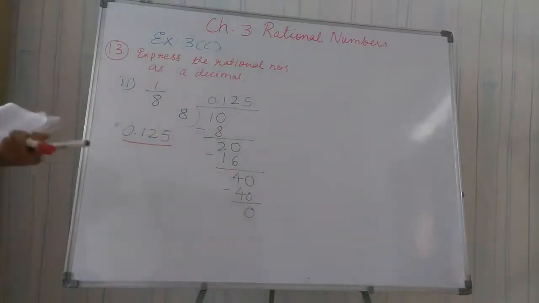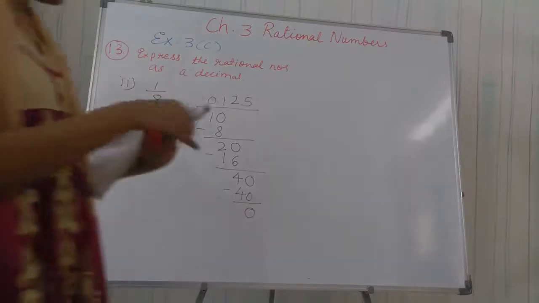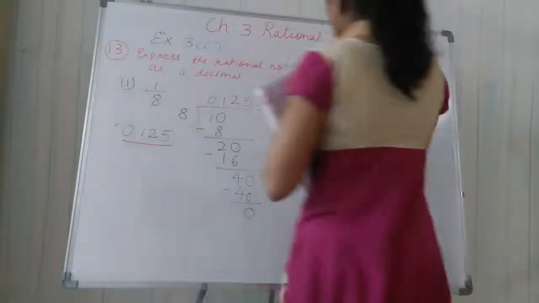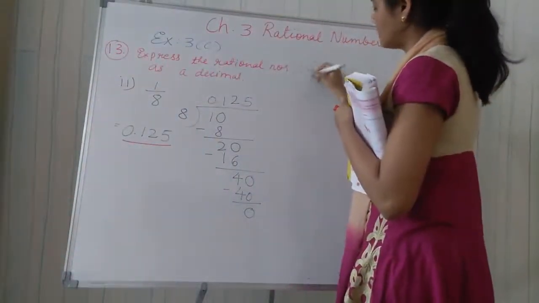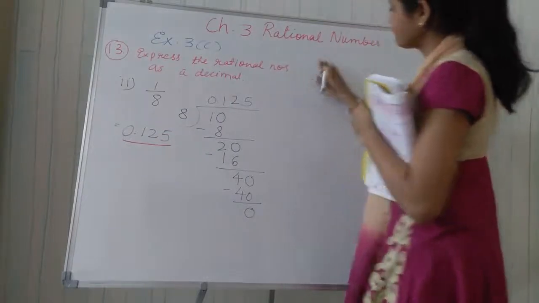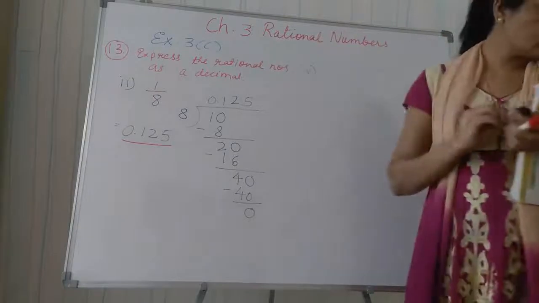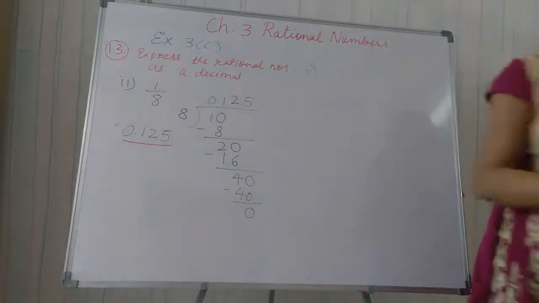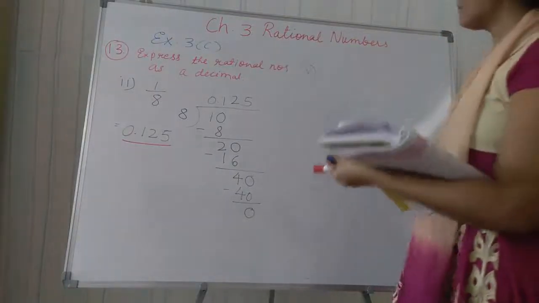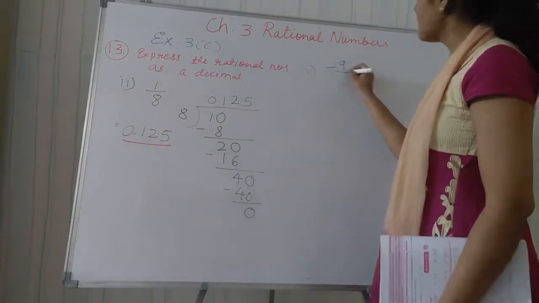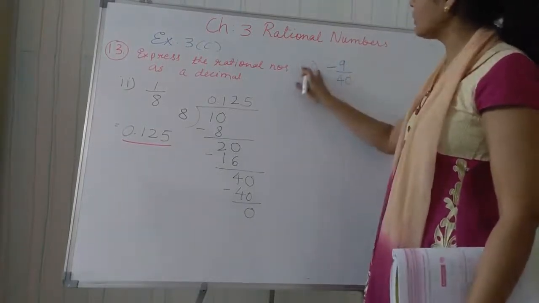Now I am taking the next question, question 4. In this question you see that it is minus 9 by 40.